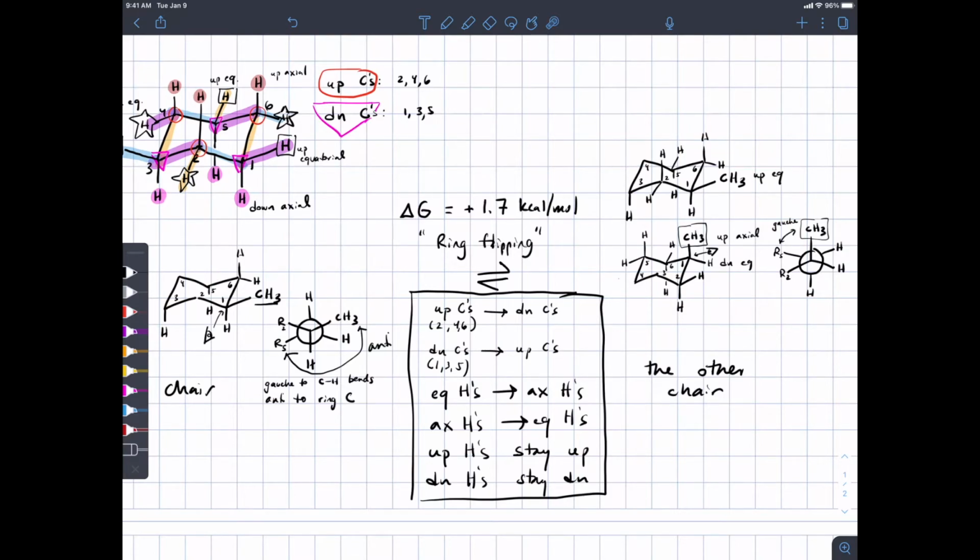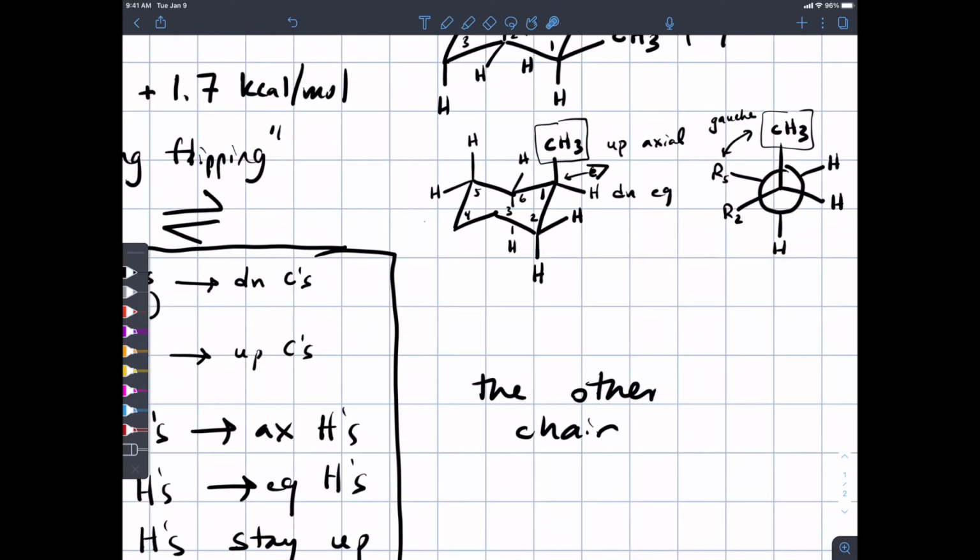They measured how much worse it is to have a methyl group axial versus equatorial. The A stands for axial, and that's the reason. In the axial conformation, there are two problems.